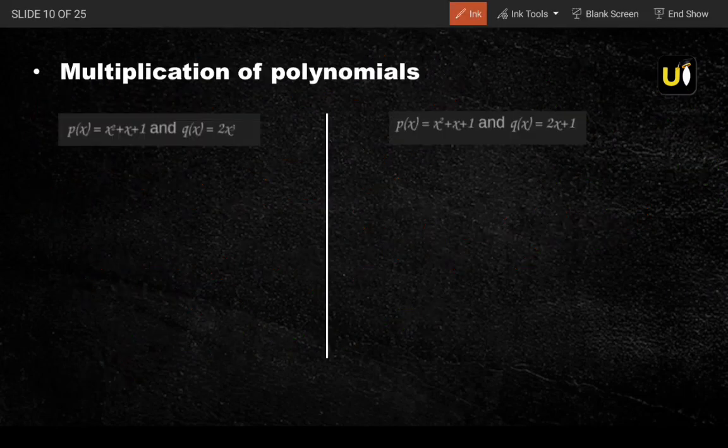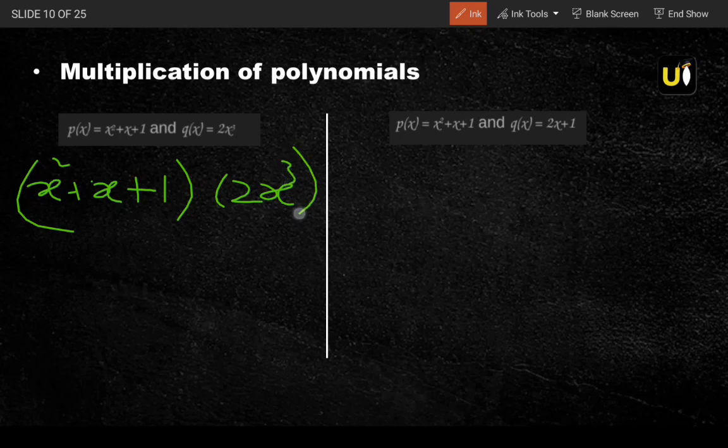Here previously we have seen that addition and subtraction are performed on the similar terms only. Okay, but in the multiplication we will multiply each and every term with each term in the second polynomial also. For example, see here, x square plus x plus 1 into 2x cube.